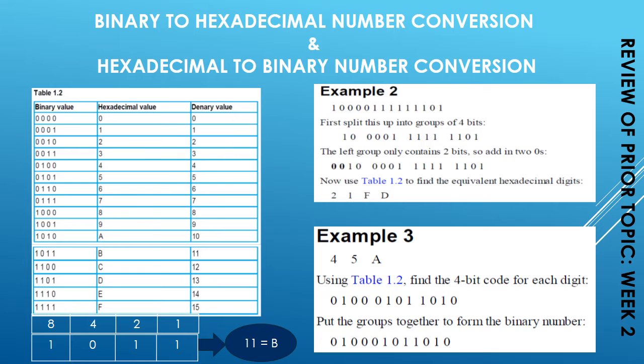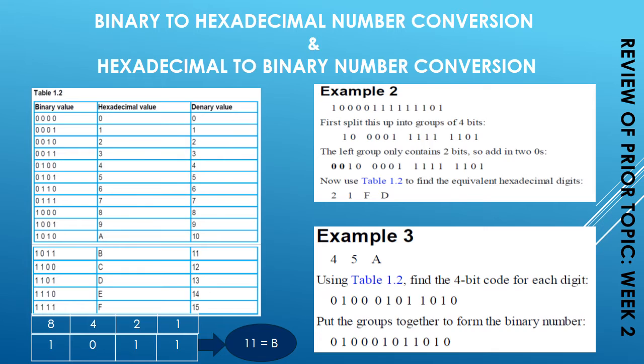In this way, we just need to look at the first group, which is 0010, and its equivalent hexadecimal value is 2. In the next group, the value is 0001 and its equivalent hexadecimal value is 1.